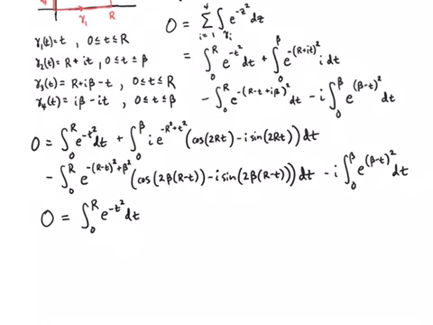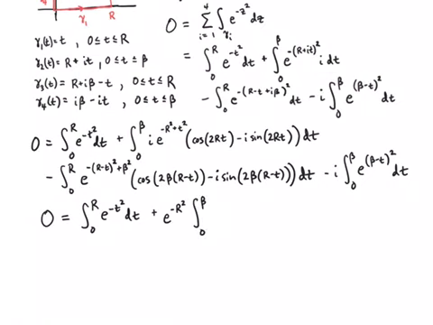That's real. From the second term, the real part, we get a plus integral from 0 to beta. Let me simplify this. I can pull out an e to the minus r squared, that's just a constant.